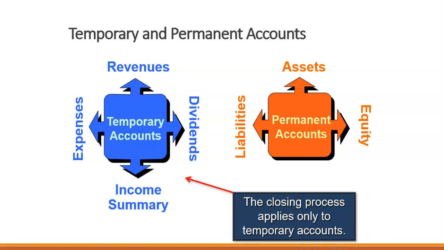So you have probably noticed during chapter 1 and chapter 2 that revenues, expenses, and dividends are never on the balance sheet. They only show up on the income statement. Okay? The only thing from the income statement that shows up on the balance sheet is net income as it pertains to the changes in the retained earnings account.